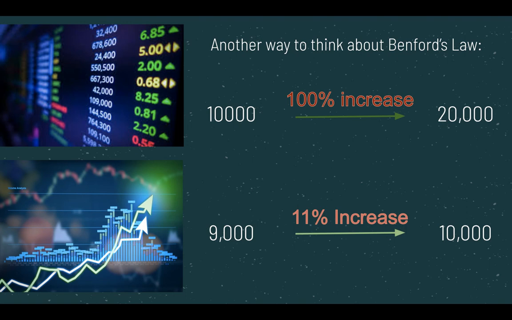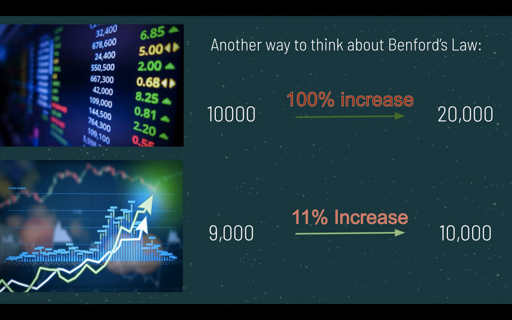So right now it has a leading digit of one, but when would the leading digit not be one? Well, that would be when it gets to 20,000, right? But think about how many points the Nasdaq has to traverse in order to get to 20,000. It would literally have to double, and that's just not plausible.